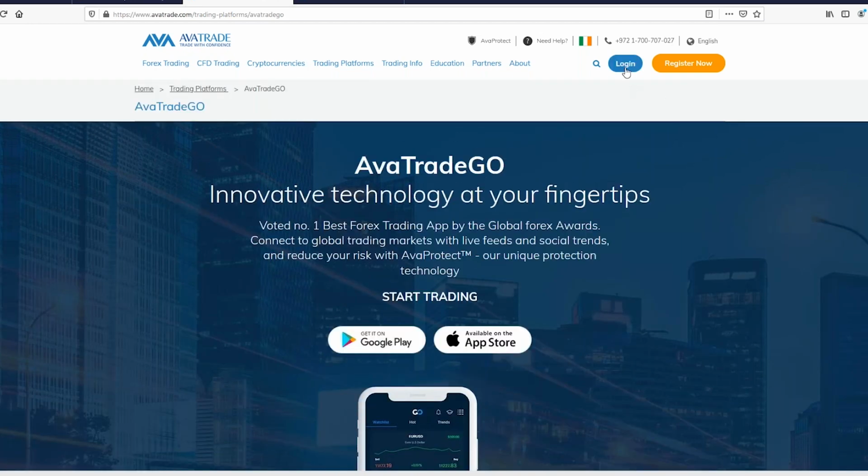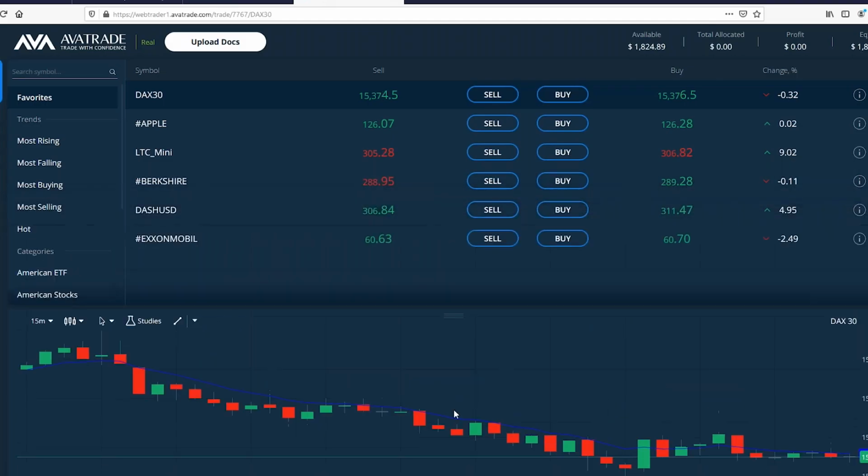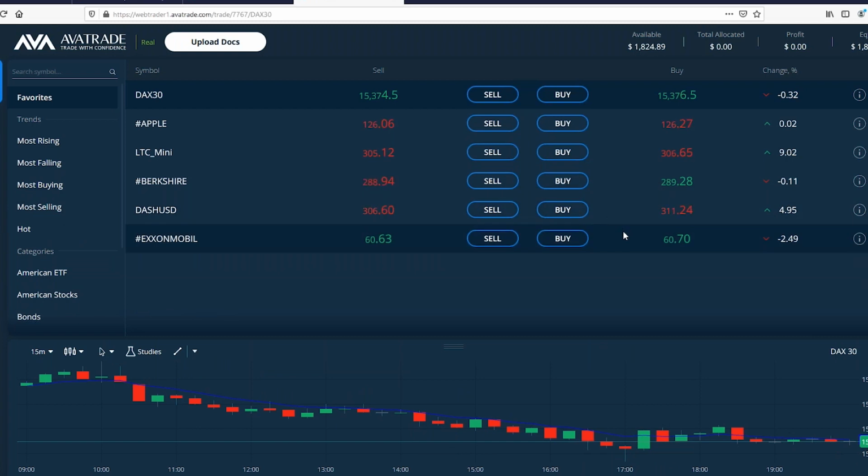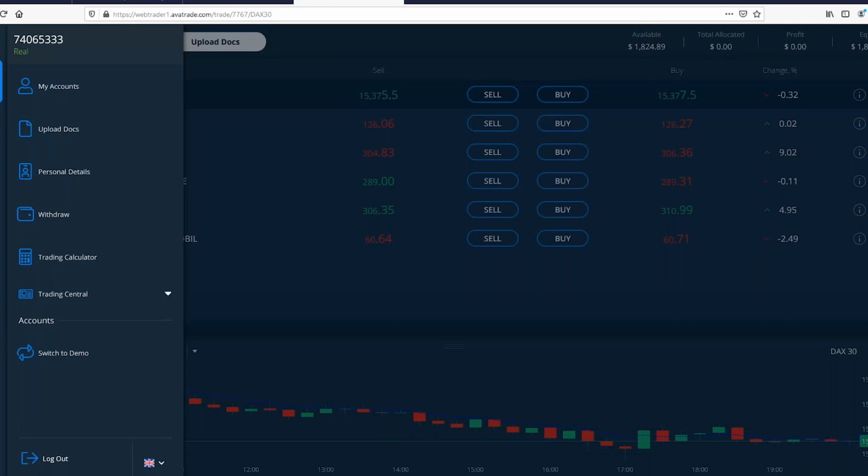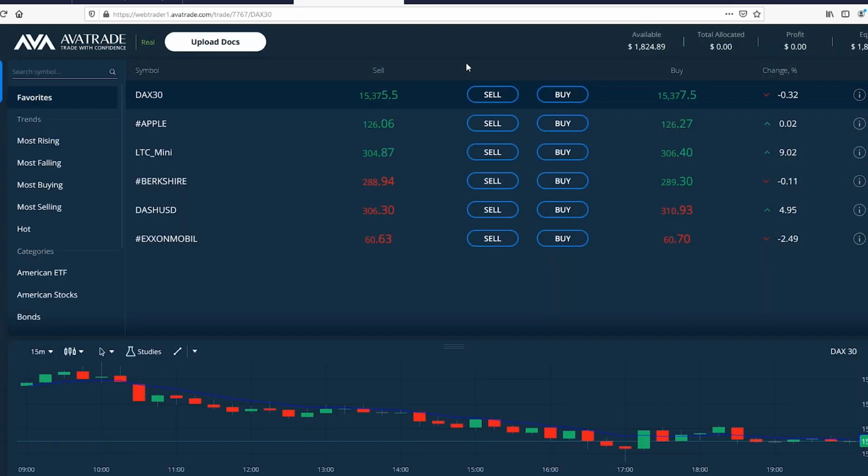So if you log in from here, you're in this platform, our web trader. Now, those of you who've been with AvaTrade maybe for a number of years, you might not see the web trader when you log in from our main website. You might be directly in the client area, which those of you that have the web trader get to here, my accounts, etc. If you don't have the web trader active on your account because you're an older client with AvaTrade, the reason older clients wouldn't have it active is we just launched the web trader a year ago or so.